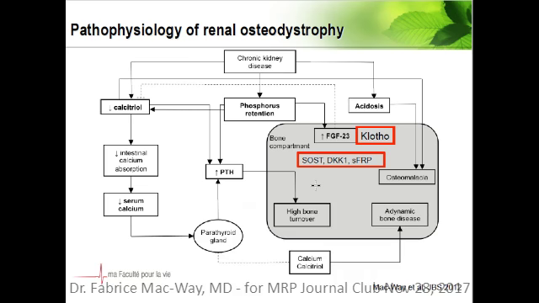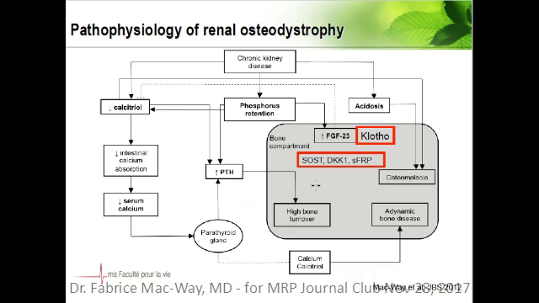So why is that so important to control all of this? Because as you know, bone abnormalities lead to bone fracture, and we know in CKD patients the risk of fracture is higher as compared to non-CKD patients. And the risk of mortality after fracture is 2 to 8 times higher in the CKD population as compared to the non-CKD population.